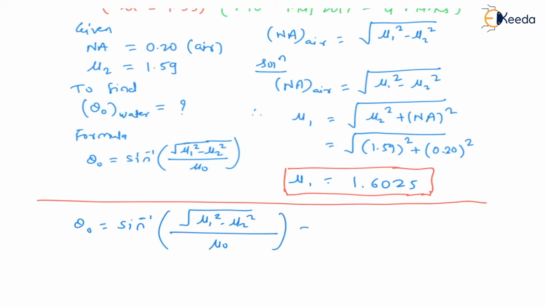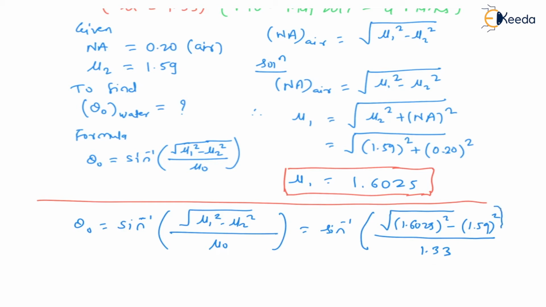So this will be sine inverse of under root mu1 square. The value of mu1 is 1.6025 bracket square minus mu2, that is 1.59 bracket square, whole divided by mu naught, and the value of mu naught, that is the refractive index of water, is 1.33.